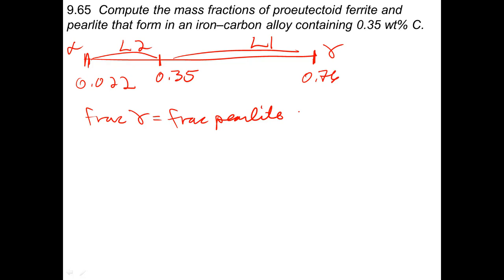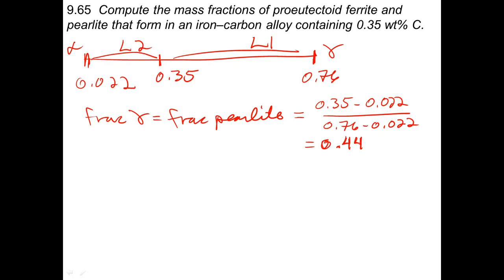So if we can calculate the mass fraction of austenite, in turn we're calculating the mass fraction of perlite. So we'll take L1, divide by L1 plus L2. Then we can calculate the mass fraction of perlite is 0.44.